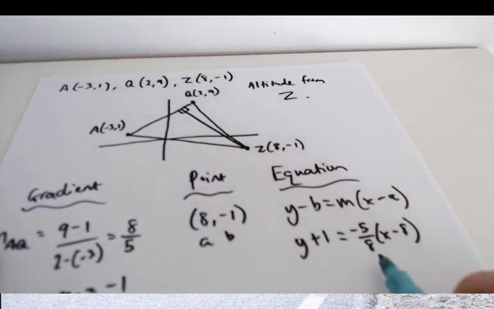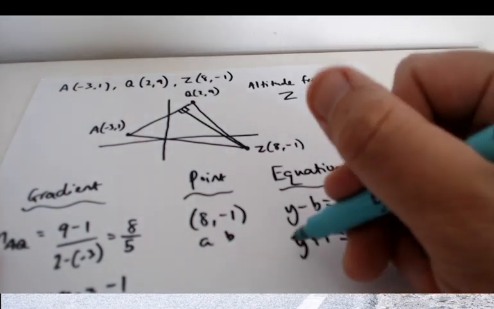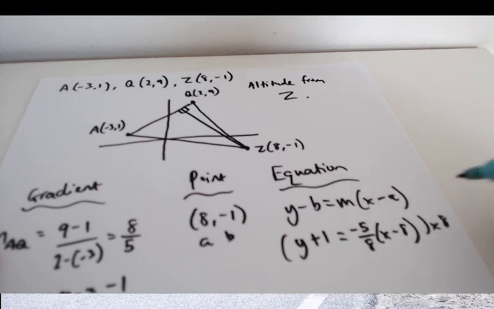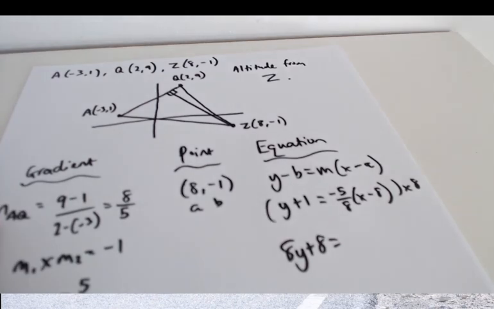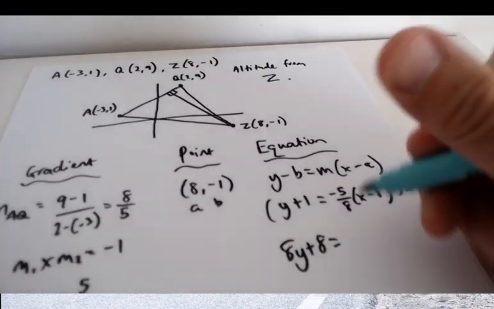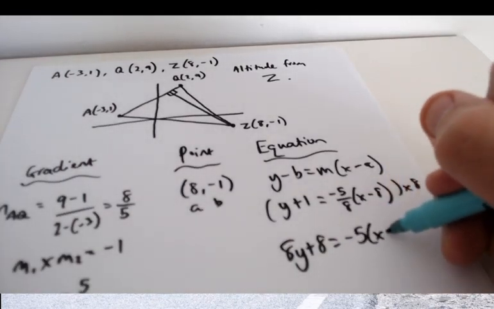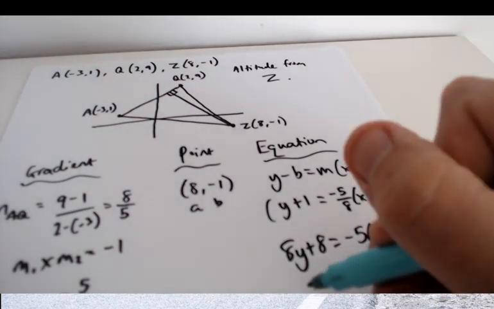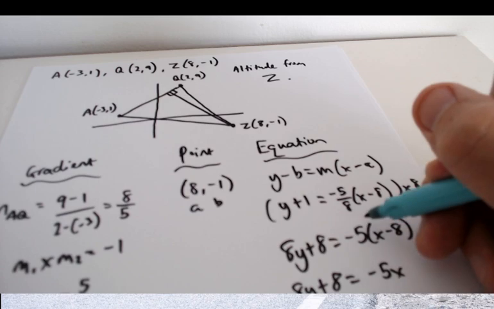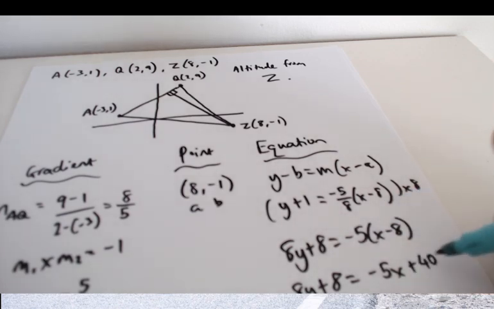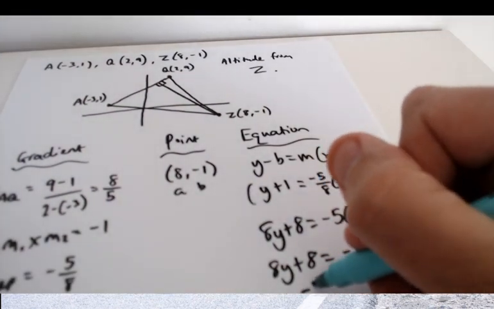Okay, need to remove this fraction, so I'm going to times through by the bottom number. So I'm going to times through by 8, remembering to times everything by 8. The minus 5/8, the two 8's will cancel, leaving minus 5 on the top. I'm going to multiply out my bracket. Minus 5x, minus 5 times minus 8 plus 40, and then I'm going to take 8 off both sides.